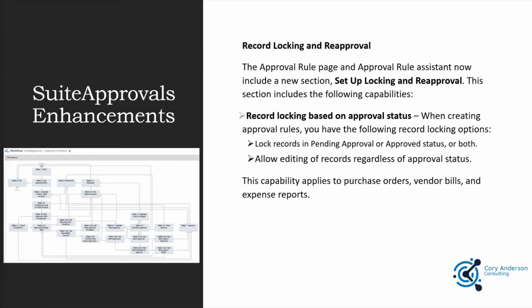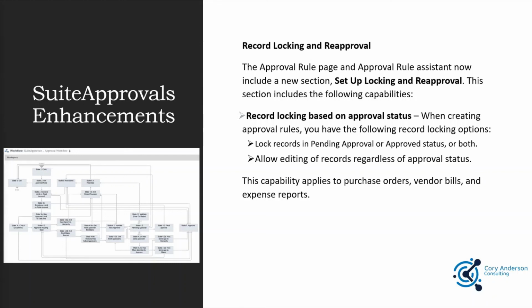So the approval rule page and approval rule assistant now include a section called Setup, Locking, and Reapproval. This section includes the following capabilities: record locking based on approval status. So when creating approval rules, you have the following record locking options: lock records in pending approval or approved status, or both, or allow editing of records regardless of approval status.